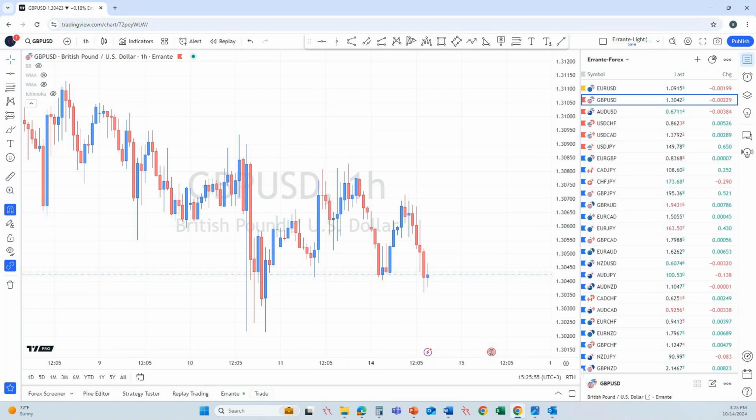So now let's talk about the shadows or wicks, which represent the highest and lowest prices reached during the period. They are usually drawn from the body to the highest or lowest prices in the market.